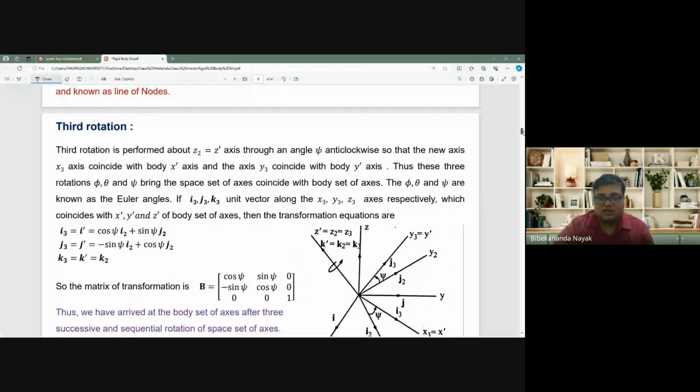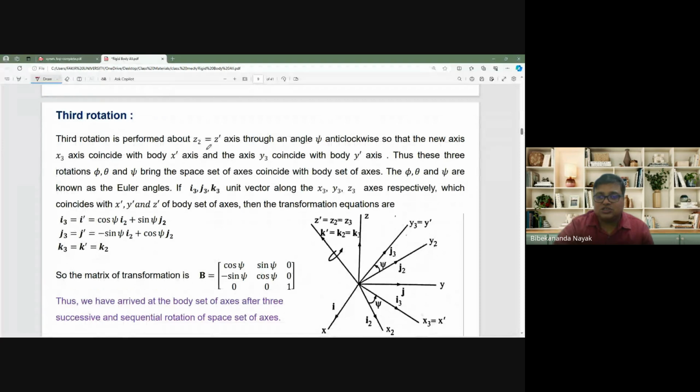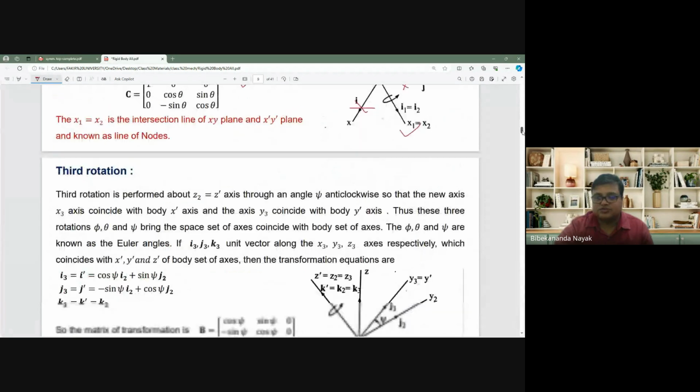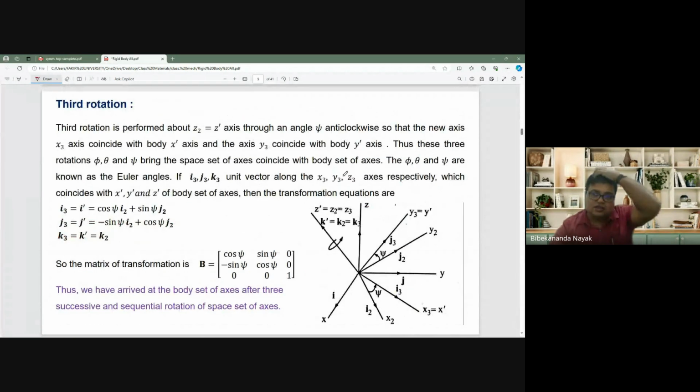And the third rotation is performed about the z2 axis. Now we have x2, y2, z2, where x1 is x2. We rotate about the z2 axis, or z prime axis, through angle psi, so that the new axis x3 coincides with x prime and y3 is y prime.